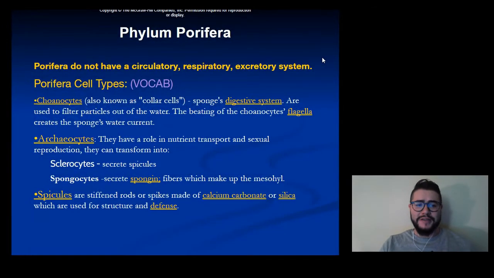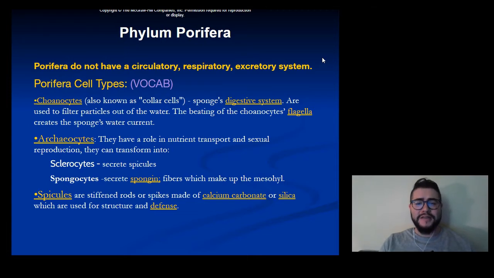Some vocab words that you'll need to know for the unit and things that'll come up over and over again. So the choanocyte is the collar cell. It's basically the sponge's digestive system. It's how it filters out particles in the water and gets its food. I'll show you a picture of that a little bit later.